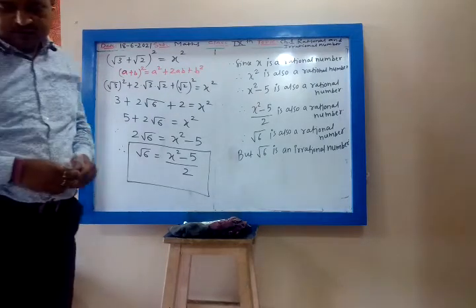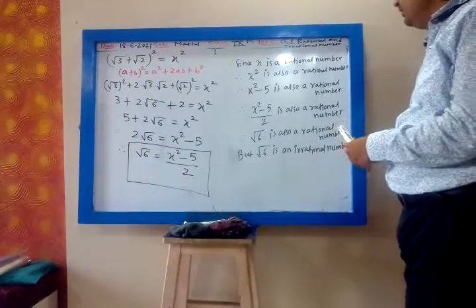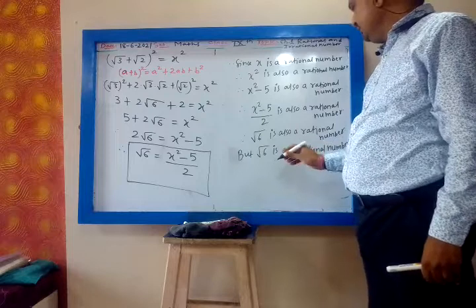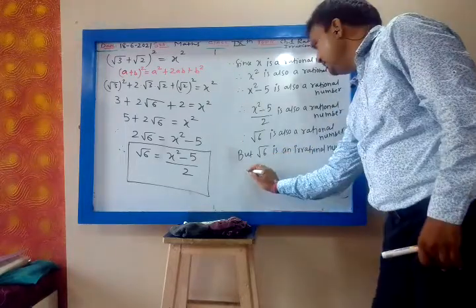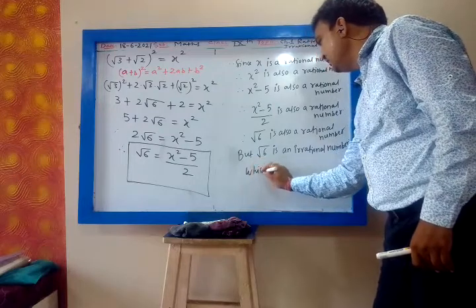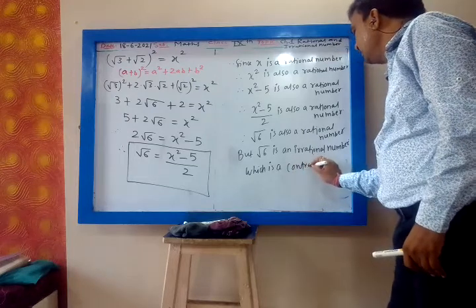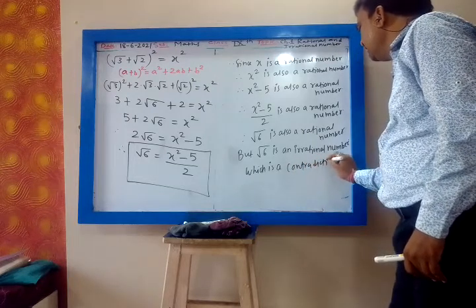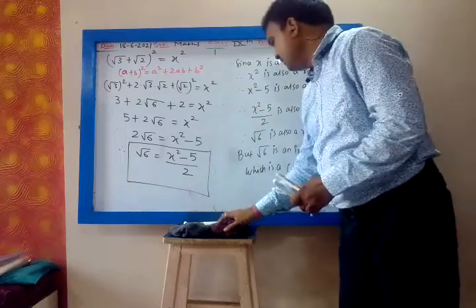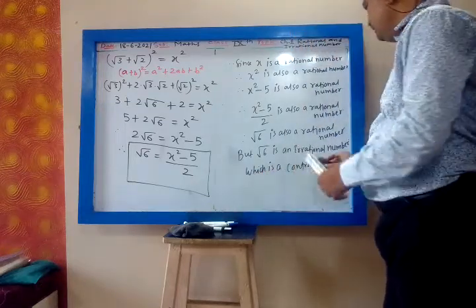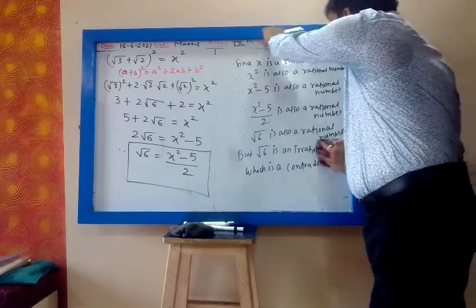Clear? So root 6 is an irrational number. Clear? But what is root 6? So which is a contradiction. So write down which is a contradiction. Before this part you don't write.